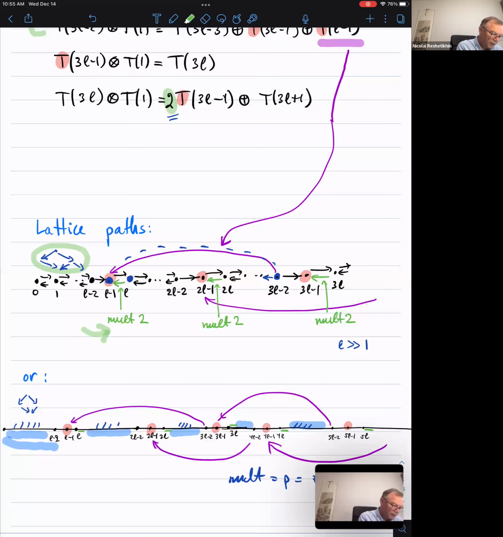Well, the path still goes in one direction. Yes. And then you do it next time, and then you have multiplicity 2 subrepresentations. And then this block gets repeated over here, and it gets periodically repeated.